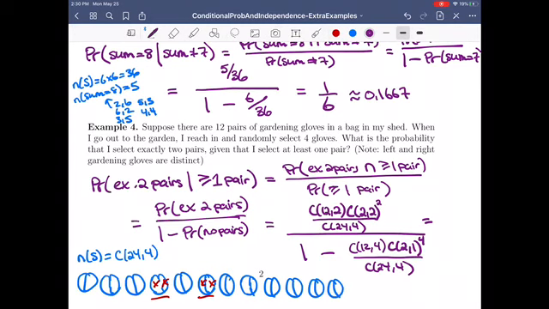Okay, so the top probability is going to be 0.0062-ish, maybe 621. And then I have to do 1 minus 12 choose 4, 2 choose 1 to the power 4, divided by 24 choose 4.